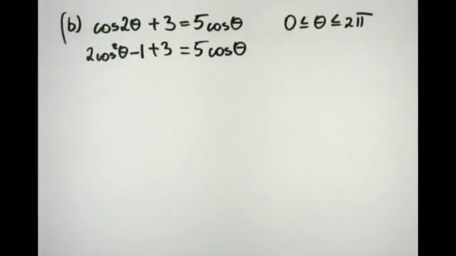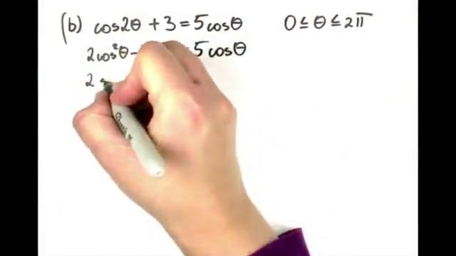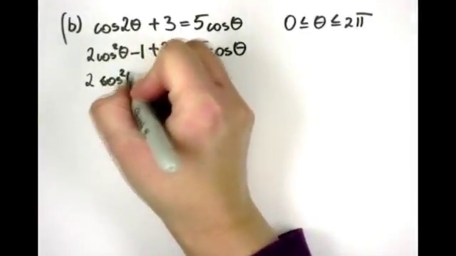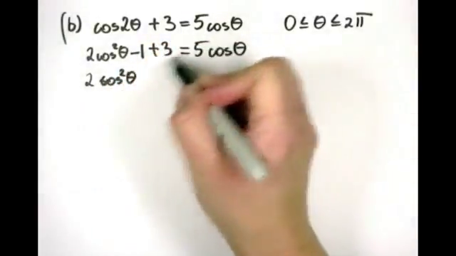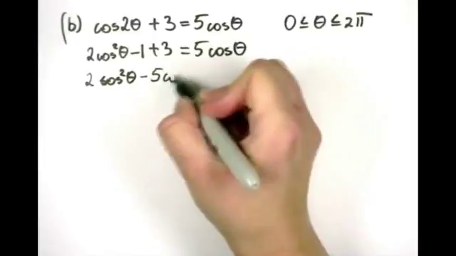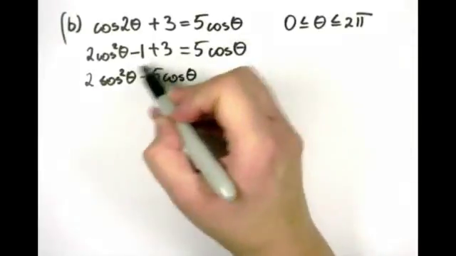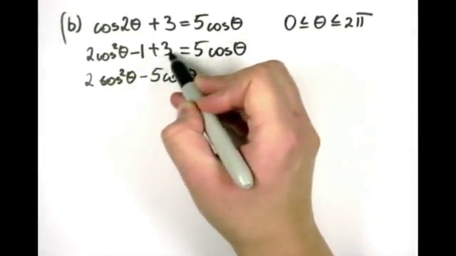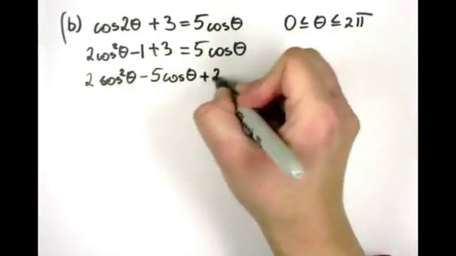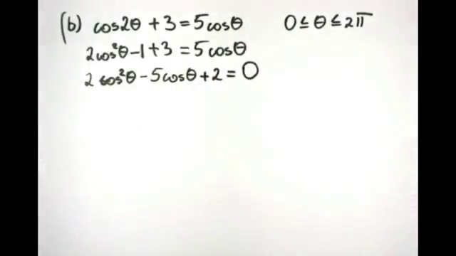I can bring over everything and factor as we did before. So we have 2 cos square theta, then bring this over, minus 5 cos theta, and then minus 1 plus 3 is plus 2 is equal to 0. Now we need to factor as we did before.